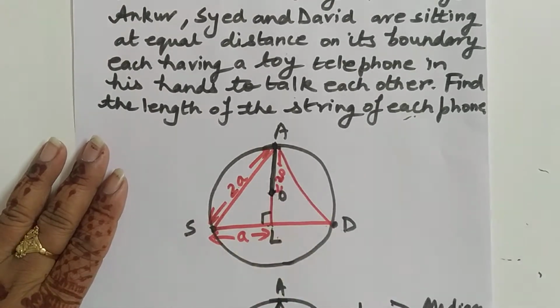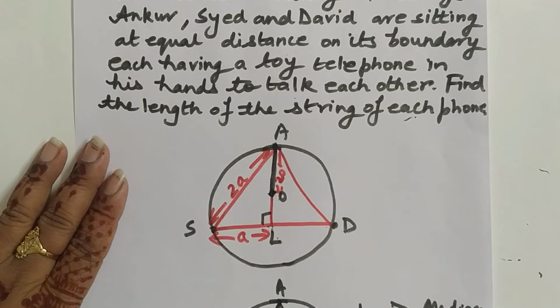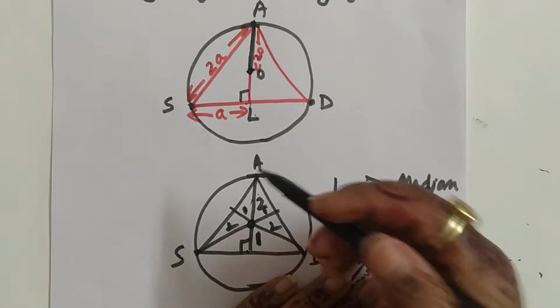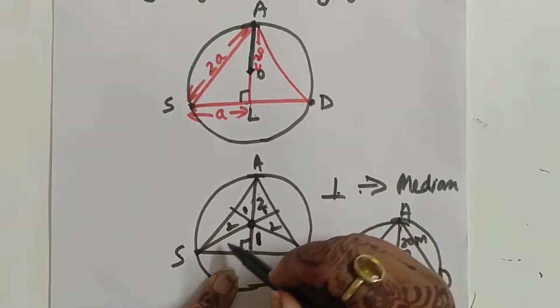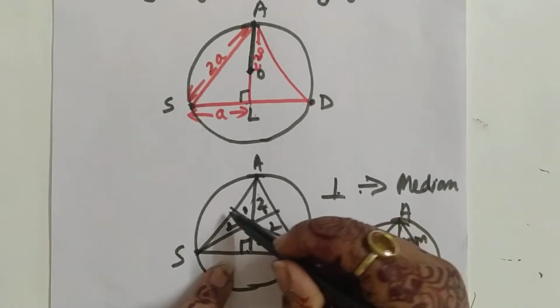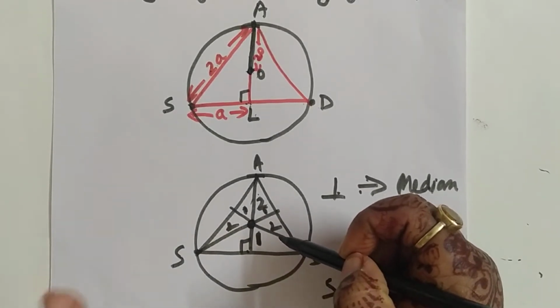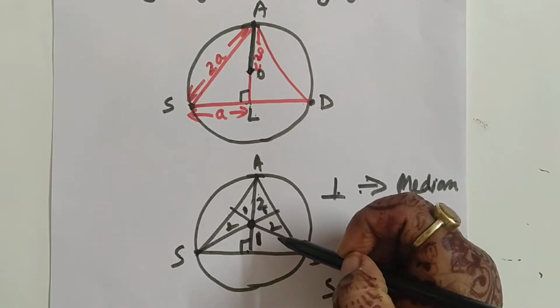When it behaves like a median, we have two methods. Let me tell you with the help of another figure. Suppose this is an equilateral triangle, and if we draw three medians, the median is equivalent to the perpendicular here. The median will behave as a perpendicular in an equilateral triangle, and the perpendicular will behave as a median.